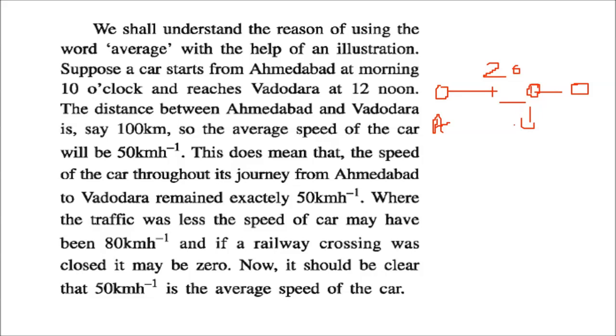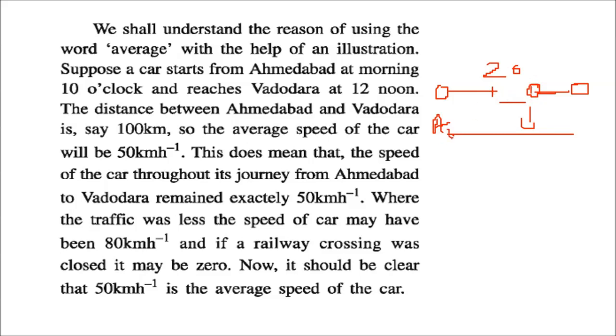You stopped for say 10 minutes to have lunch or drinks. Then you reach here with some other speed. Now for the total distance you traveled, you had different speeds. So we cannot use all these speeds, we need to take the average of the speed.